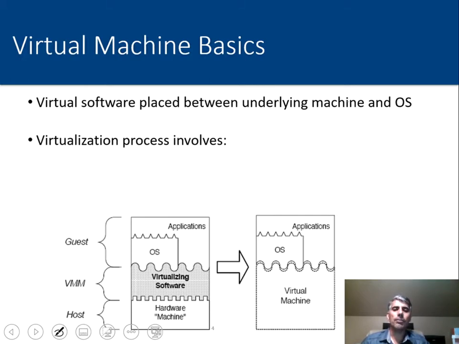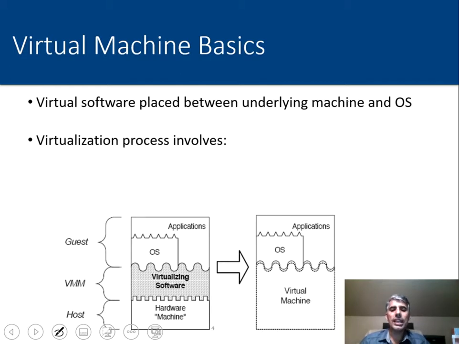Using a virtualization platform or a virtualized platform, we have to use a software layer called the VMM, Virtual Machine Manager, or what is also known as hypervisor. You may hear also the word virtualizing software. It's a software layer on top of the hardware machine. What it does is basically decoupling the operating system from the underlying hardware.